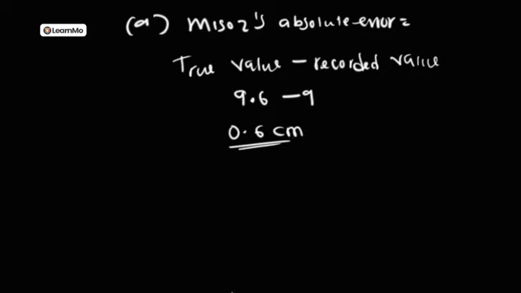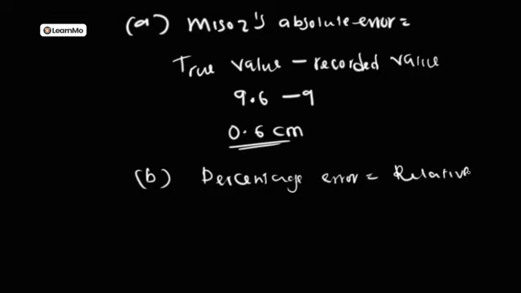Let's move to question B. So question B reads, find Filamba's percentage error. So percentage error is equal to relative error times 100.